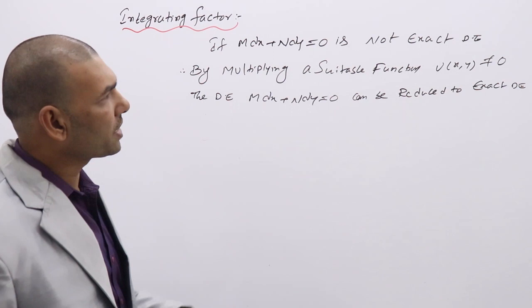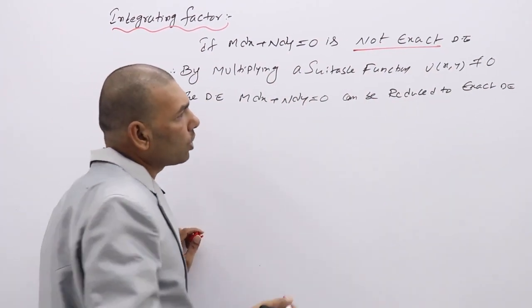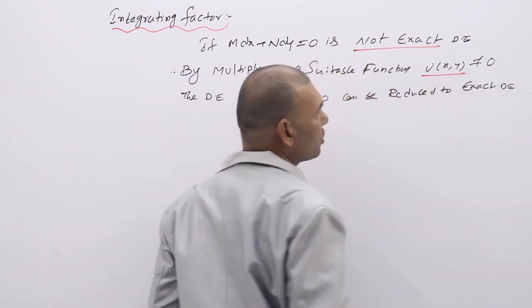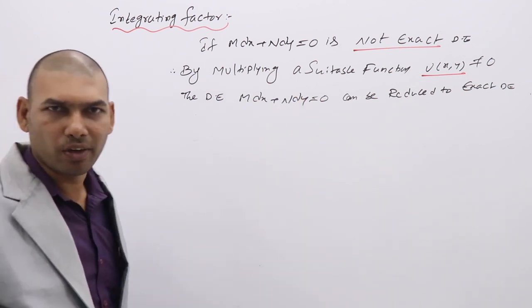The DE is not exact initially. We are going to multiply with a suitable function u of xy which is not 0. Then this DE becomes exact now.